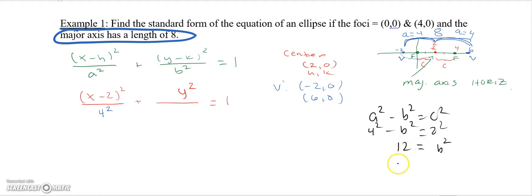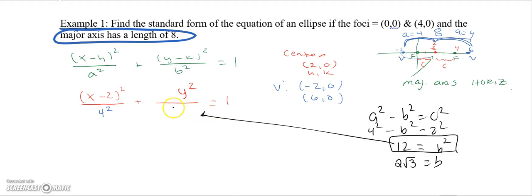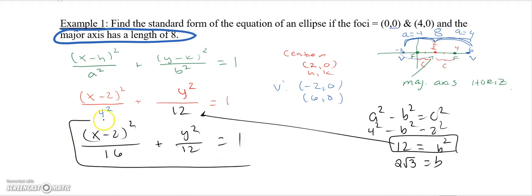And I'm going to take the square root of that, and I have 2 root 3 is my b, or my b squared equals 12, and what goes down here is my b squared. So my equation is x minus 2 squared over 16 plus y squared over 12 equals 1. And that is the standard form of the ellipse.